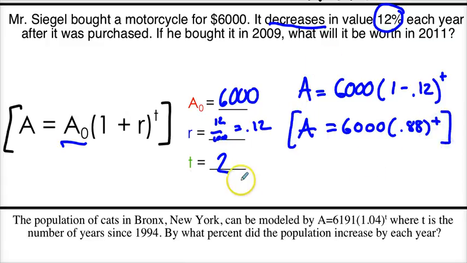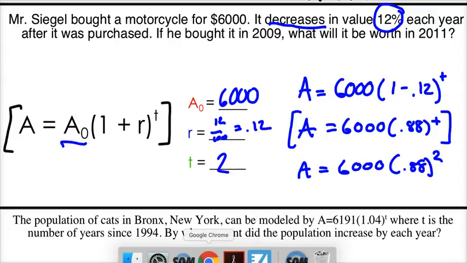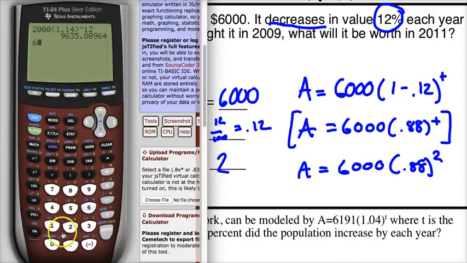Now let's plug in to find out my actual value. Now I have to plug in time. So A is equal to 6,000 times 0.88 to the second. At this point, you take out your calculator. So let's do 6,000 times 0.88 to the second. We enter that in.